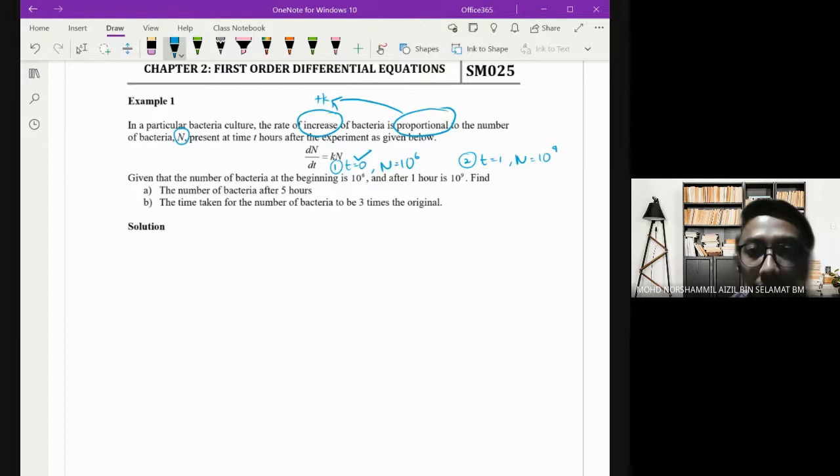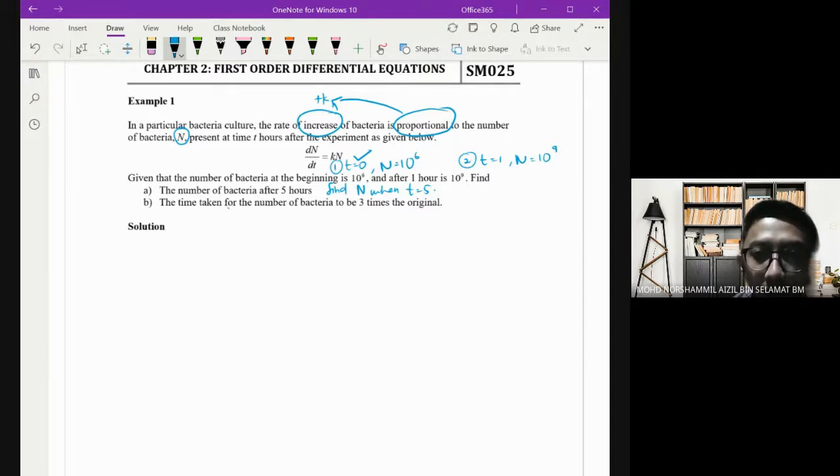Okay. So find the number of bacteria after 5 hours. 5 hours, so maksudnya dia nak cari, kita boleh translate dalam mathematical writing. Find N when t equals 5 for question A. For question part B, the time taken for the number of bacteria to be 3 times the original.